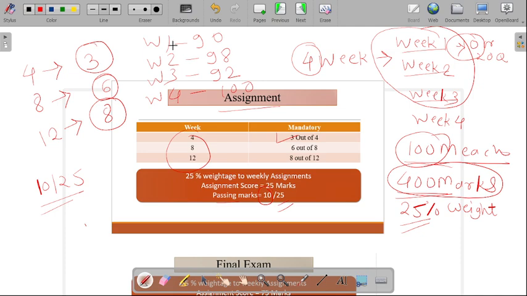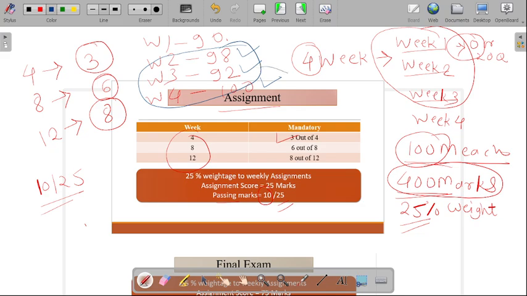So out of those 4 weeks, they will select the best 3 weeks of marks, and depending on those marks, the final score will be calculated. So from this one, week 2, week 3 and week 4, these 3 weeks have the highest marks.